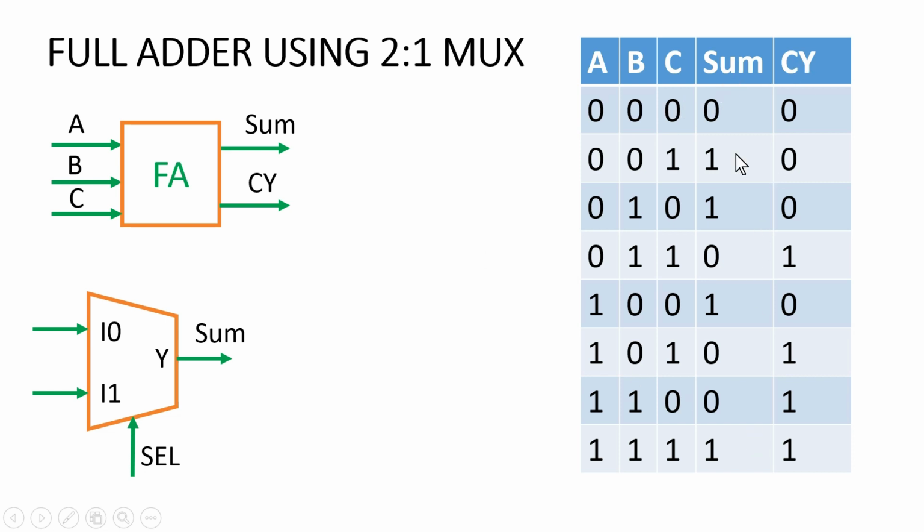Let us see how we implement sum first with the help of this 2:1 multiplexer. As we already mentioned, we need to see how many select lines a multiplexer has. It has only one select line, so we need to apply A at the select line.